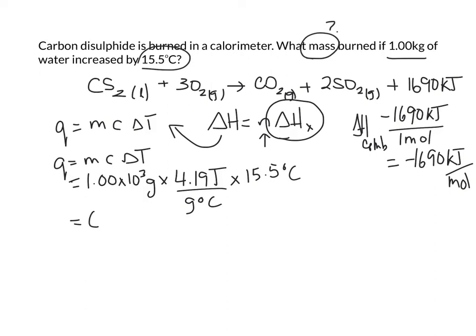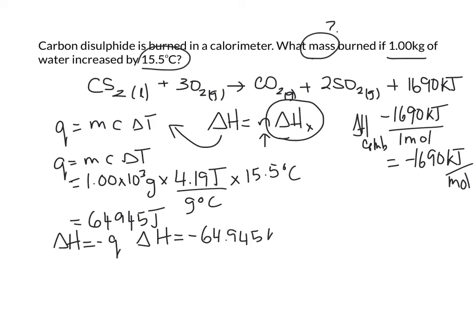So this is 64,945 joules of energy absorbed by our surroundings, which means, always write this out, that ΔH is equal to negative Q. That means ΔH is negative 64.945 kilojoules.